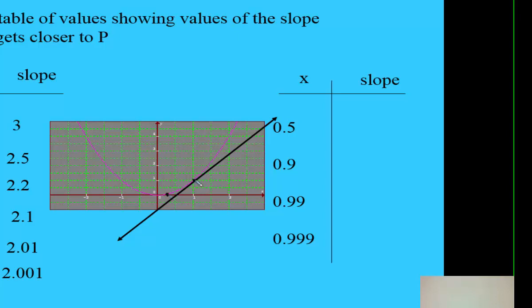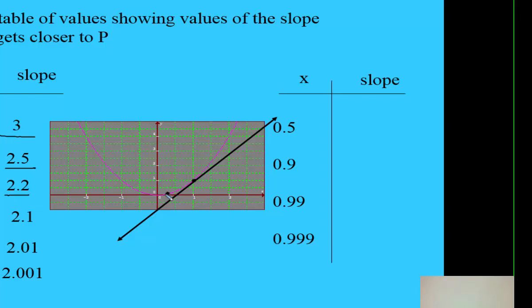We had the point 1, 1 here. When we did our calculations of the slope of the secant lines from 2 back to 1, we did a secant line, and we calculated that slope here. Then we calculated the slope between 1 and 1.5 and got this slope. Then we calculated the slope between 1 and 1.2 and got this slope.